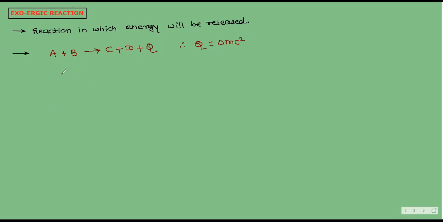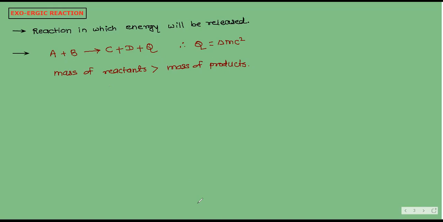Keep it in mind. So mass of reactant in these types of reactions is greater than mass of product. Mass of reactant, meaning A and B mass, is always greater than C and D mass.